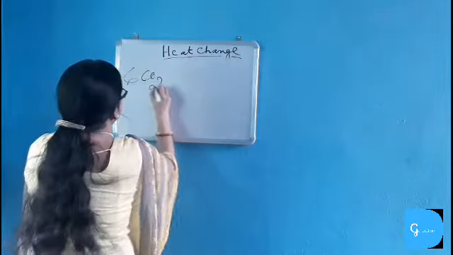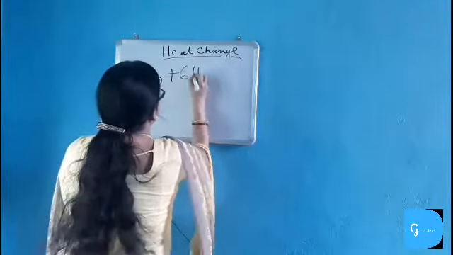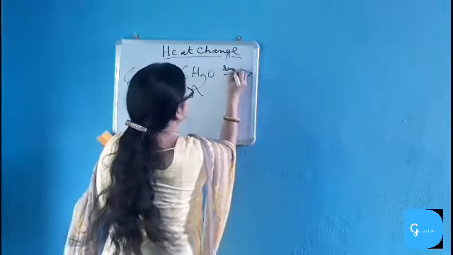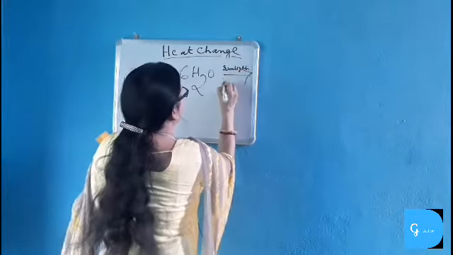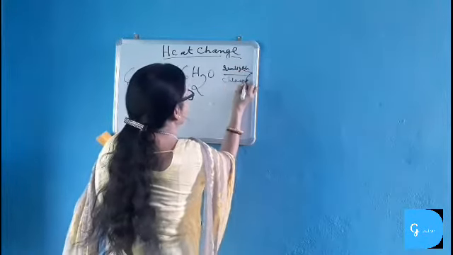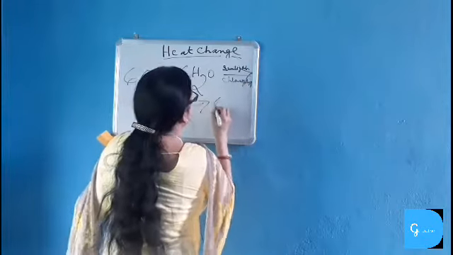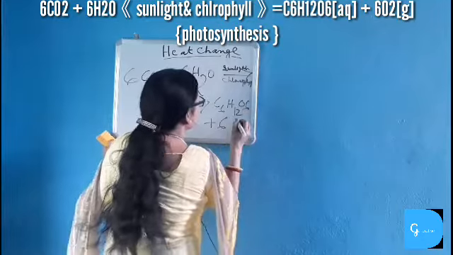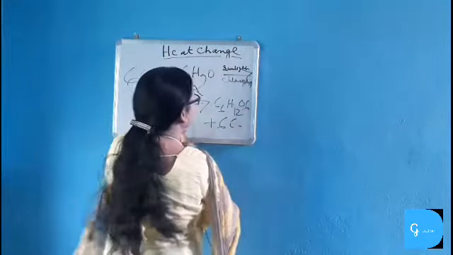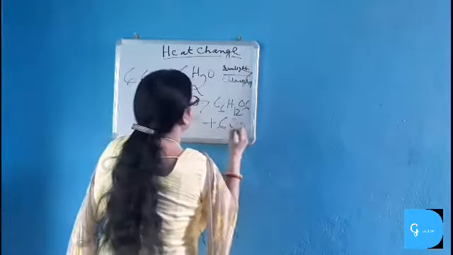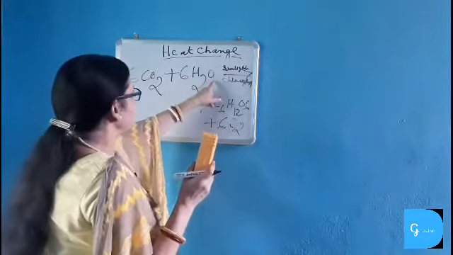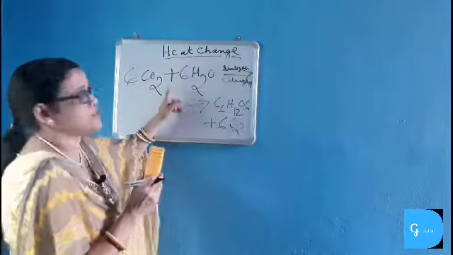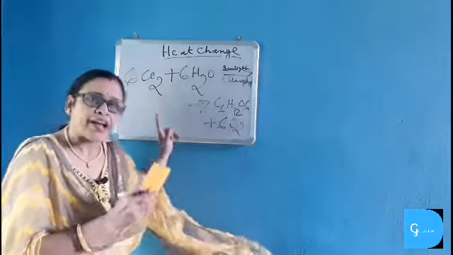See, 6CO2 plus 6H2O combines in presence of sunlight and chlorophyll present in leaf to give starch, C6H12O6 plus 6O2. As heat is involved in this process, it is an endothermic reaction. So be clear that photosynthesis is an endothermic reaction and respiration is an exothermic reaction.